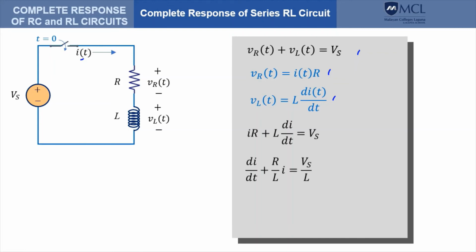So we can replace V sub R by this one and V sub L by this one in this equation, and that will give us this equation. Simplifying it, we'll get this format.